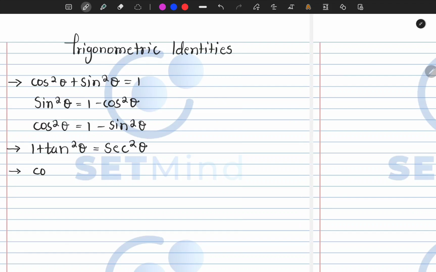Another one is cot squared theta plus 1 equaling cosec squared theta. That is what cot squared plus 1 is equal to.